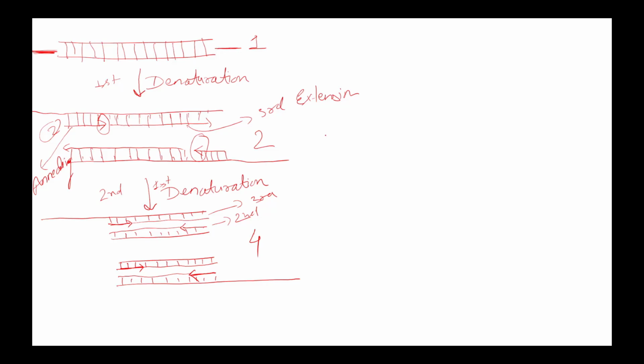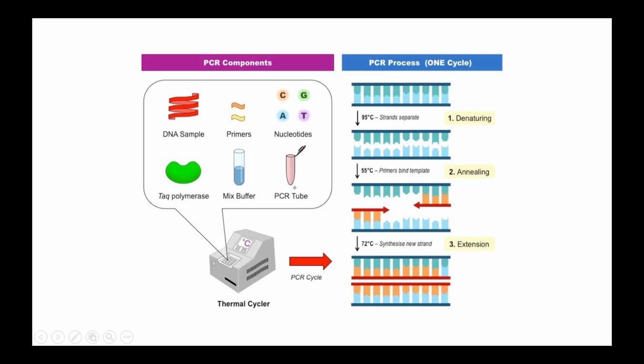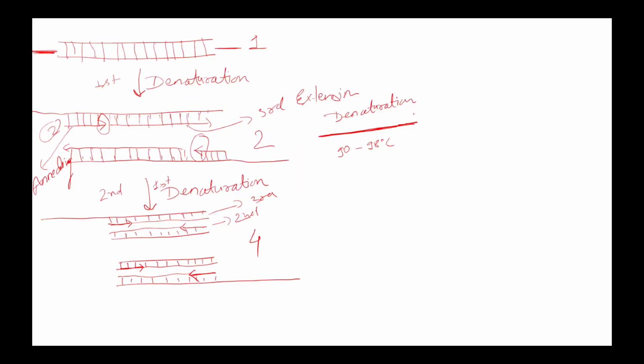So we have a high temperature, say 90 to 98 degrees, for the denaturation. Then we give a certain temperature for the annealing. The annealing temperature is generally lower, not up to the denaturation temperature.